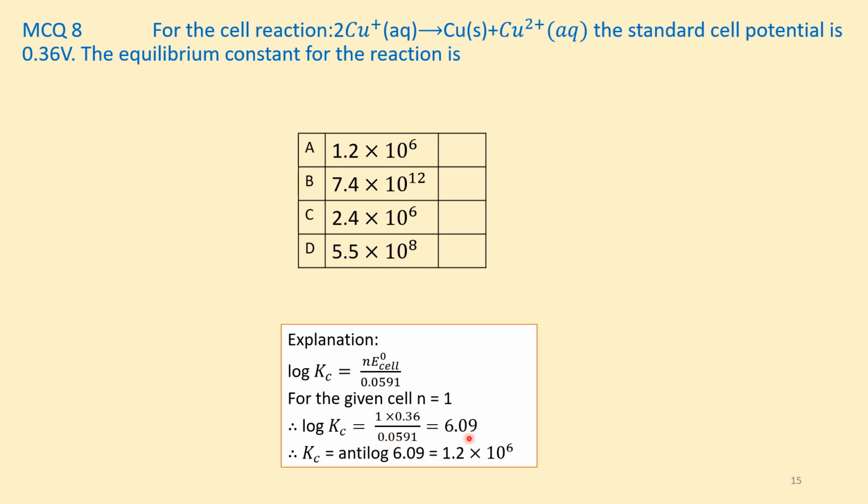That is equal to 6.09. So if you want to find out Kc, we have to take anti-log. So Kc is equal to anti-log of 6.09. So that is equal to 1.2 into 10 to the power of 6. So option A is the correct answer. Please mark it.